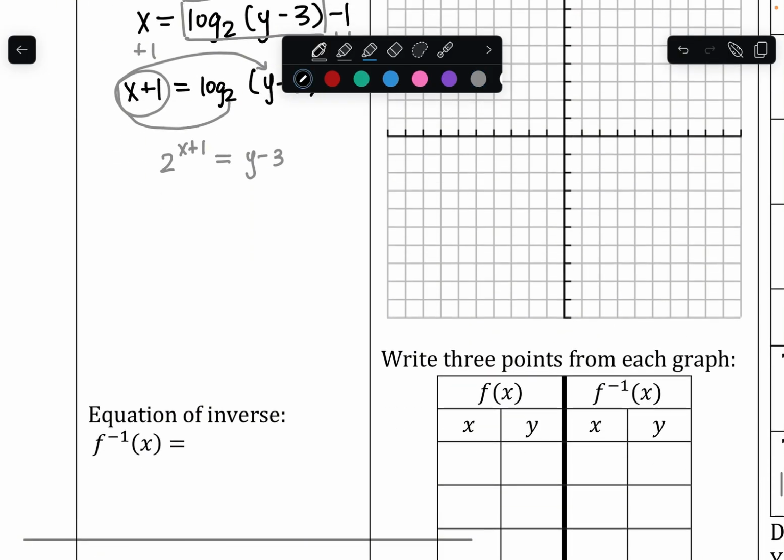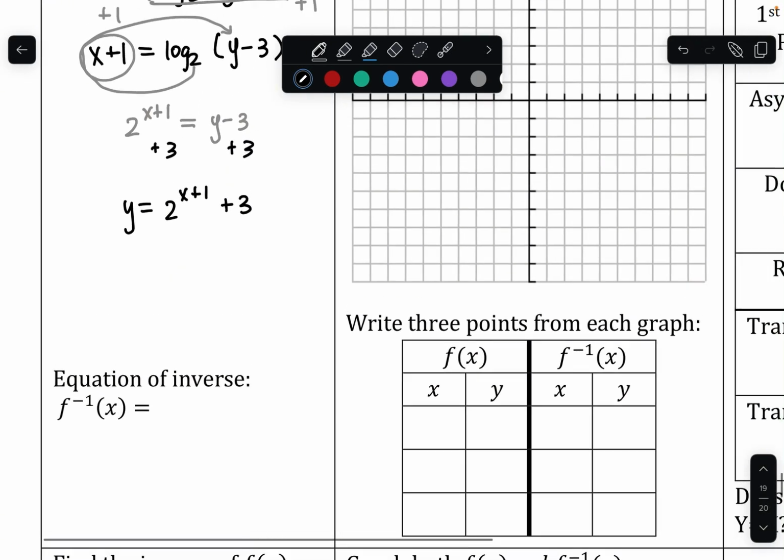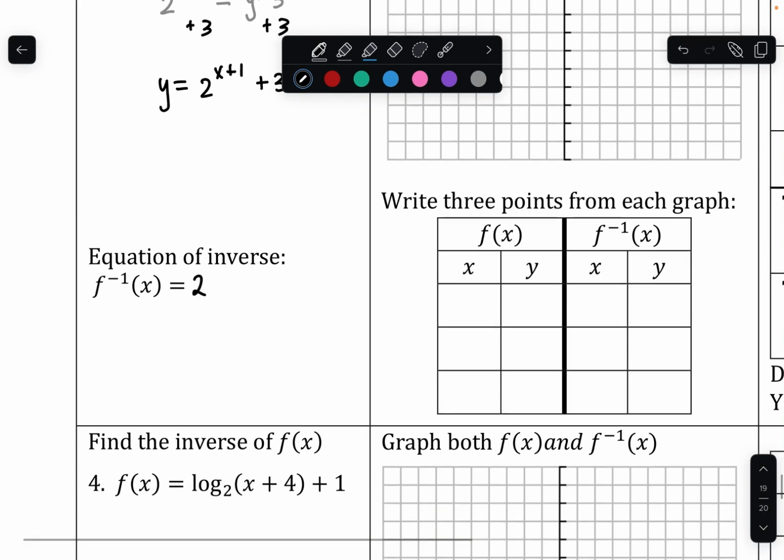And so for my last step, we just need to add 3 to both sides, which gives me y equals 2 to the x plus 1, and then outside the exponent, plus 3. So 2 to the x plus 1 plus 3.